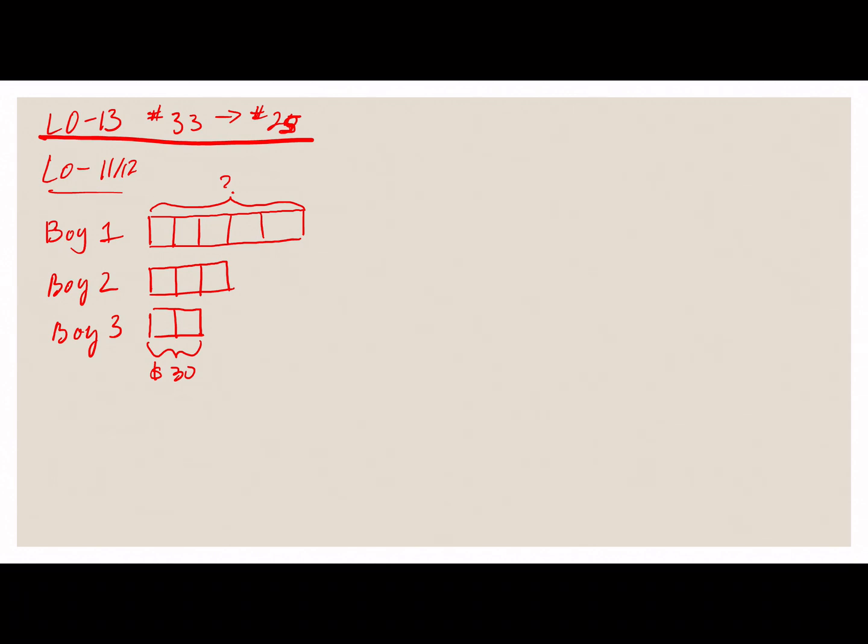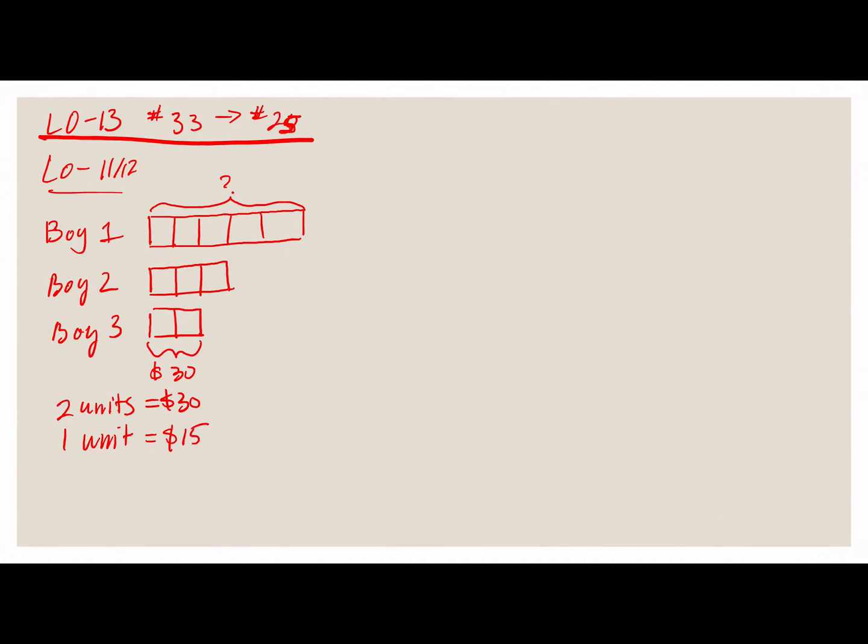Okay, so the arithmetic is that $30 represents 2 units. Okay, we need to know what 5 units are because that's how much the boy 1's share is. So we're going to break down our 2 units into 1 unit, and then we're going to build up to 5 units. So 1 unit is equal to $15.